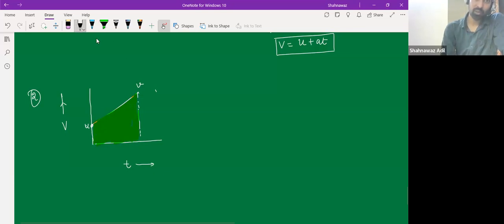So this is 0 and this is t. This is VT graph. So what is the line? This is the line, right? And the area under this graph is how much? This one is the area, right? These are the area that this graph covers.